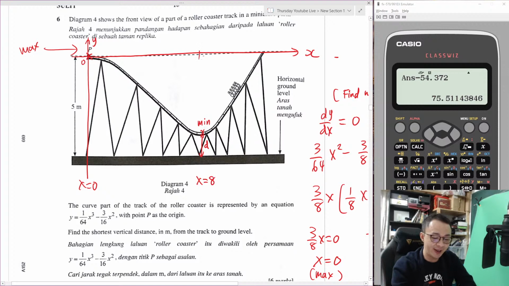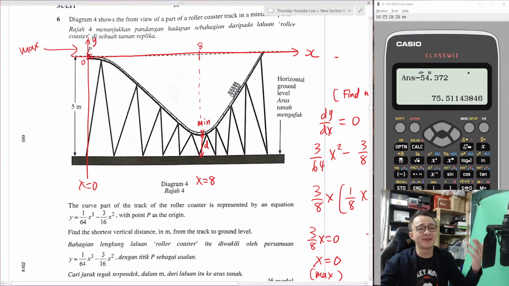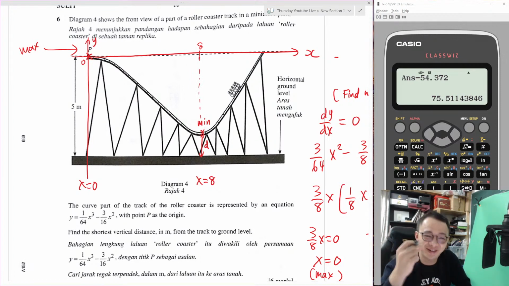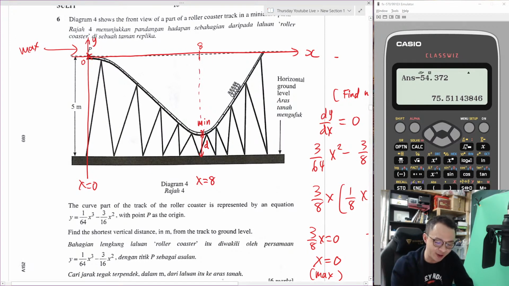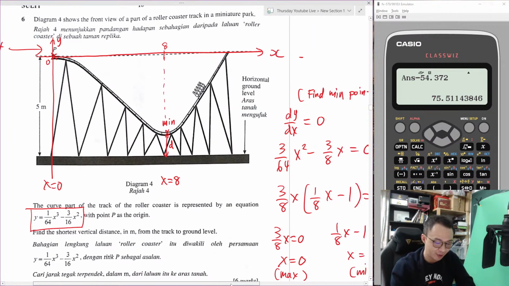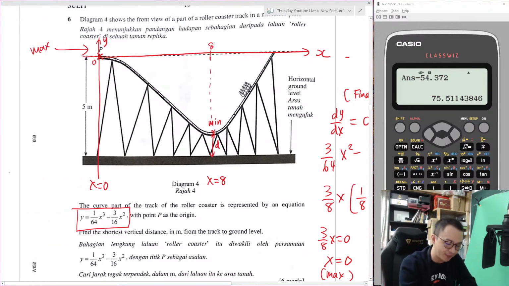But we do not want the x, because we want to find the distance from the ground. Then here we need to find the y. Since we know x equals 8, we can just substitute the 8 back into the y equation to get our y value. So if I do that, my y equals 1 over 64 times 8 cubed minus 3 over 16 x squared.